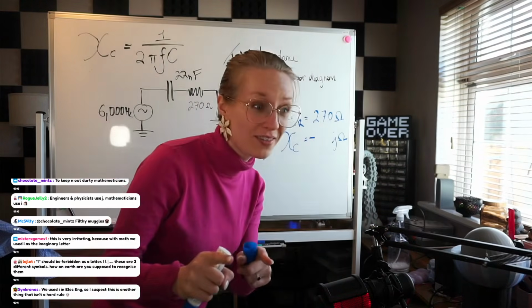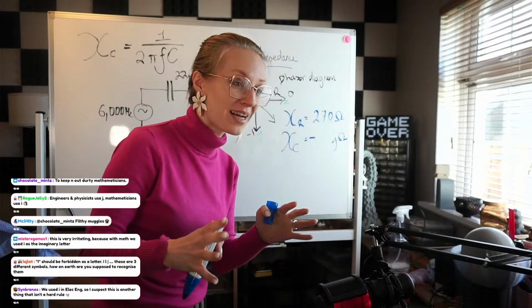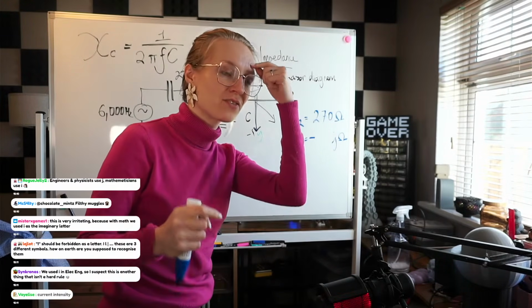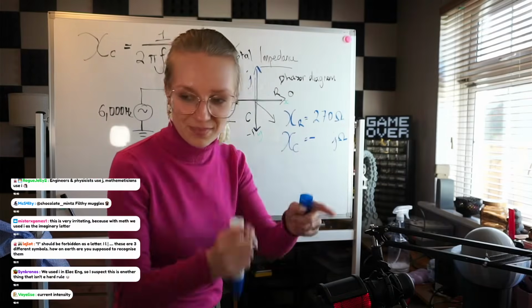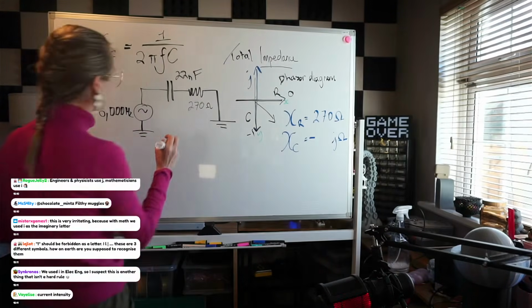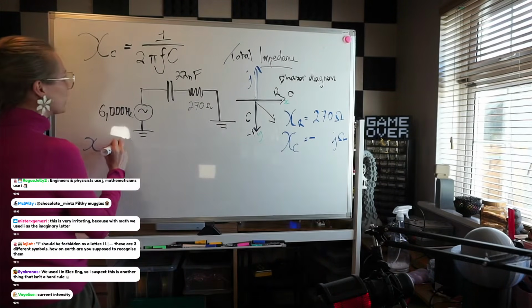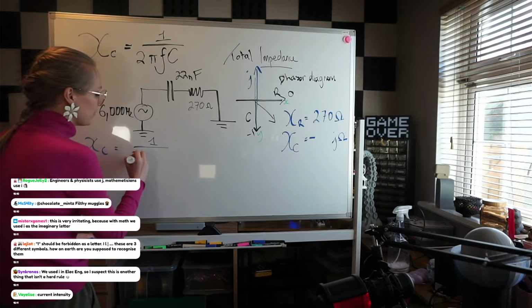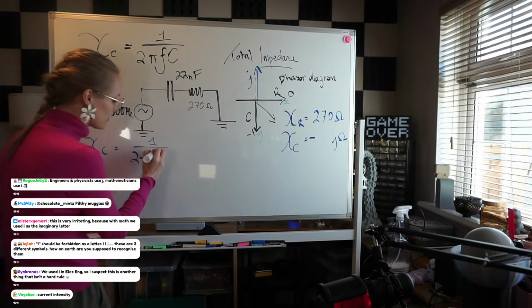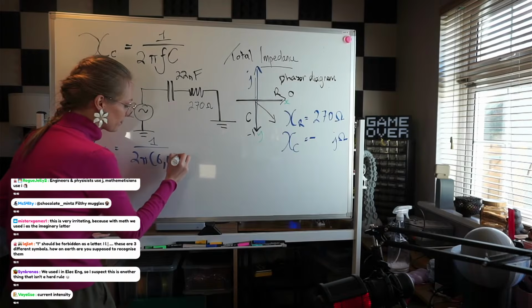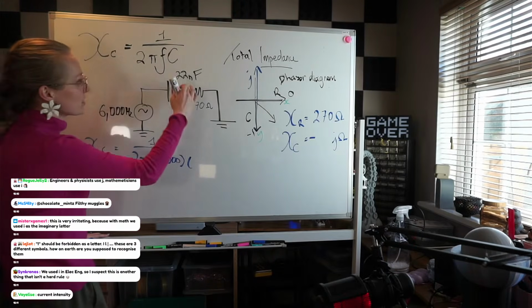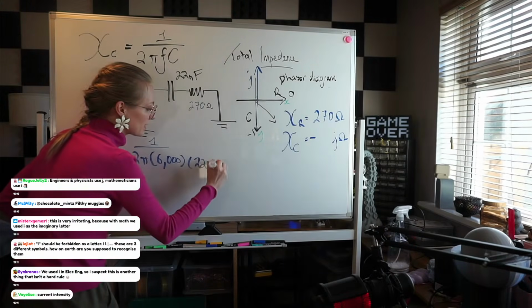I have a whole video on this, by the way, because I love teaching about passive filters from a pure physics phenomenon. Anyways, sorry. XC is equal to 1 over 2 pi, the frequency is 6,000, and the capacitance value is 22 by 10 to the minus 9.